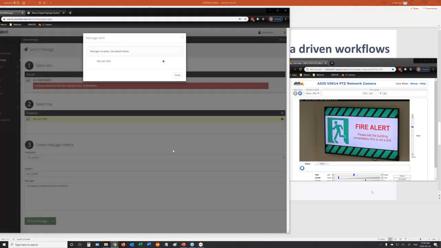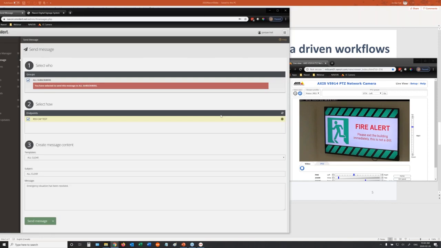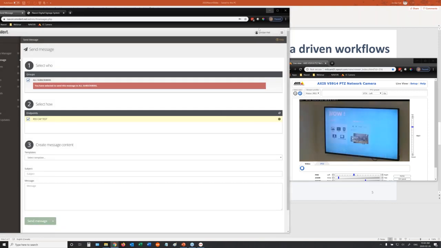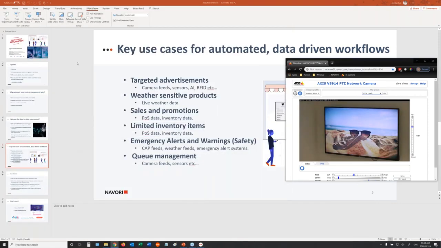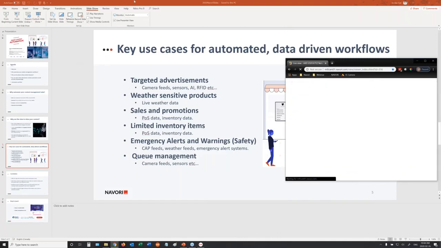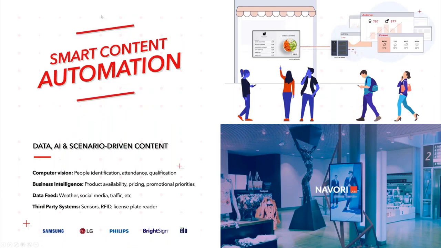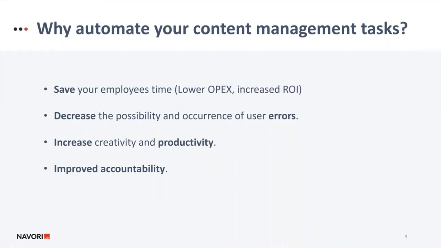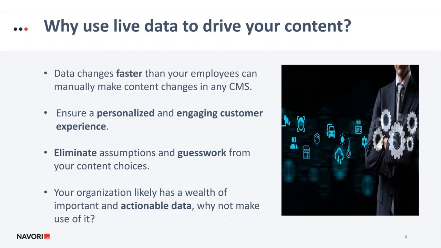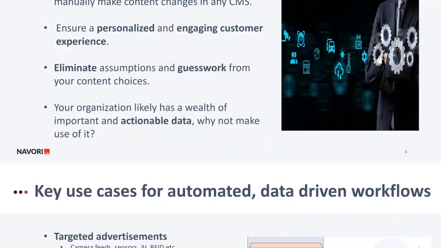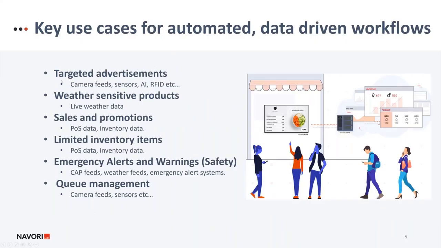Now, when I'm talking about targeted advertisements and increasing engagement and customer experience, we can work with things like camera feeds, sensors, artificial intelligence, RFID sensors or tags. If you're driving into a fast food restaurant drive-through lane, let's say, the screen is playing generic advertisements.